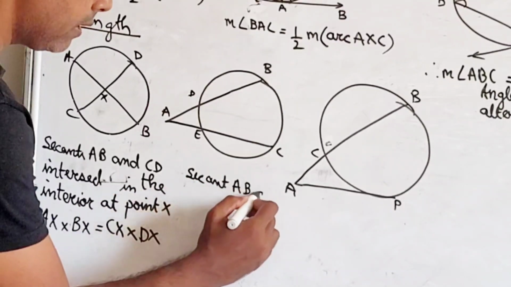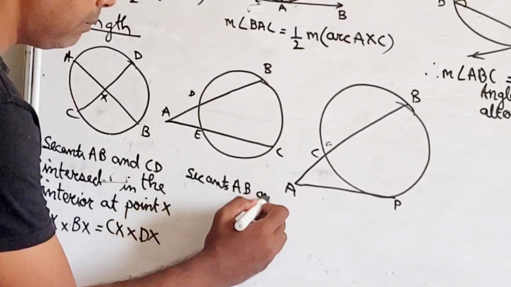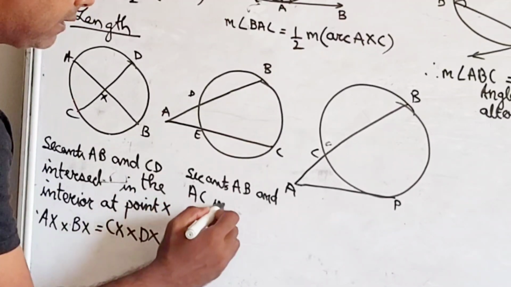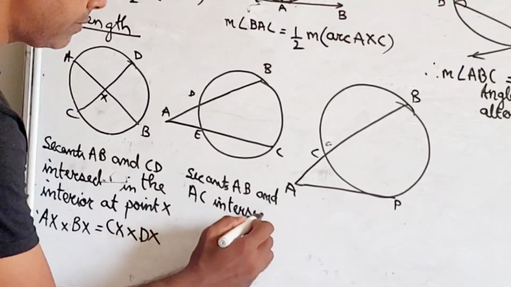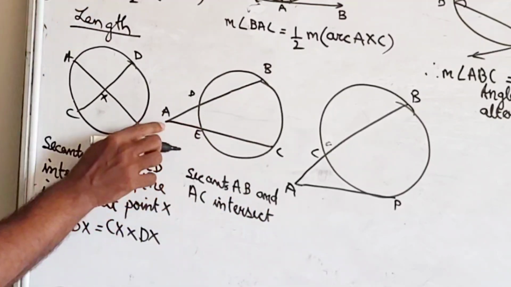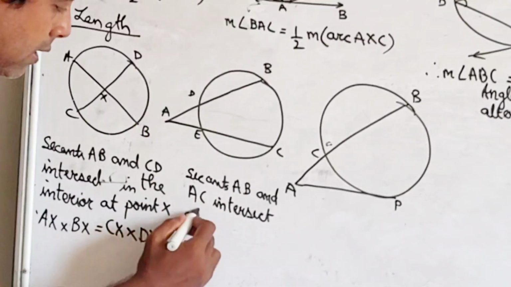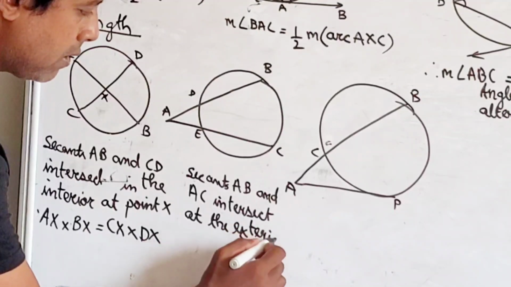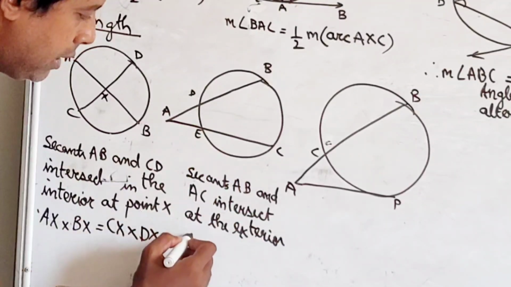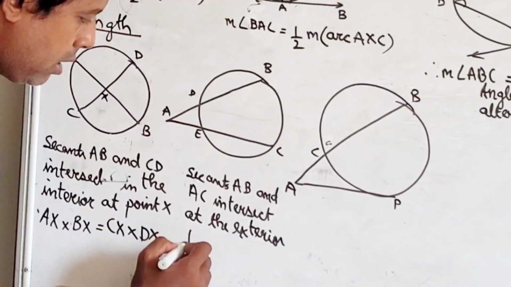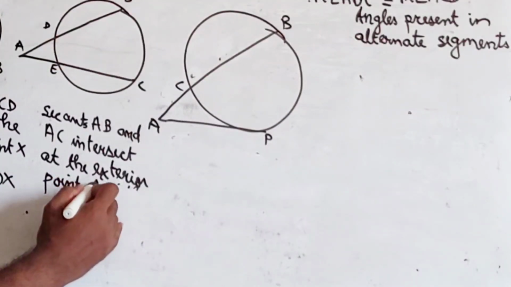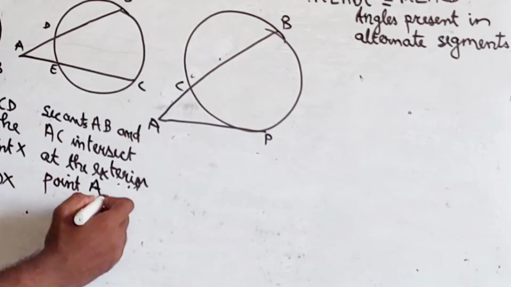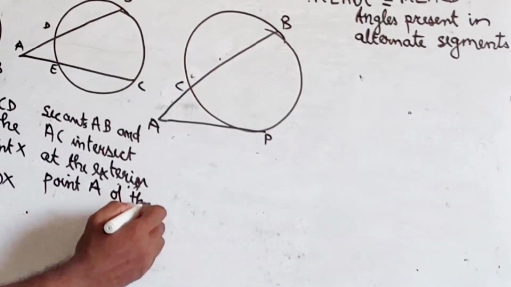In the second type of sum, the secants AB and AC intersect. Now they are intersecting at the exterior, outside the circle, at the exterior point A of the circle.